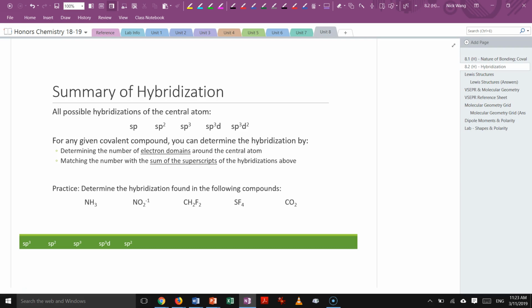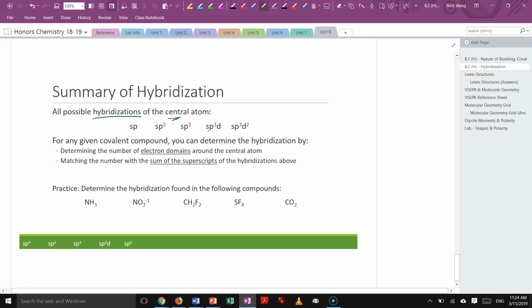So again, we're focusing on the hybridizations of the central atom. You have these possible hybridizations. These are only 5 that we'll see: sp, sp2, sp3, sp3d, and sp3d2. What they're saying is that each of these tells you exactly what orbitals were used to make them.